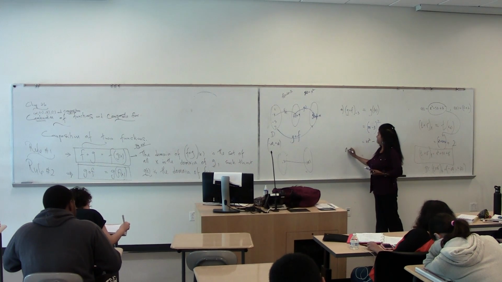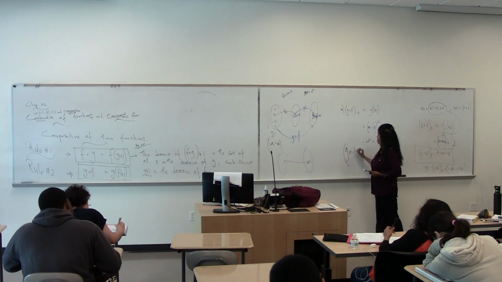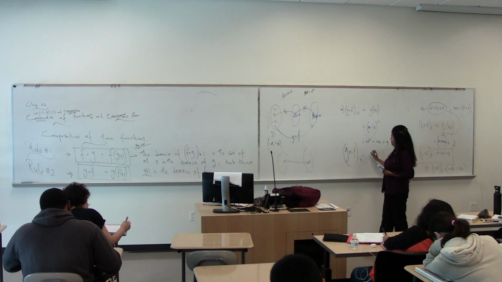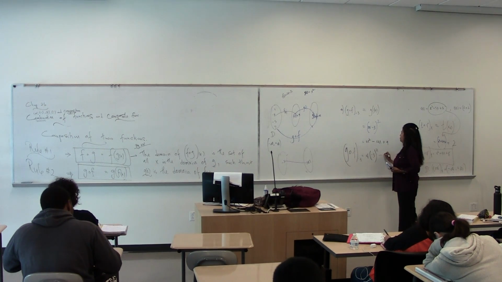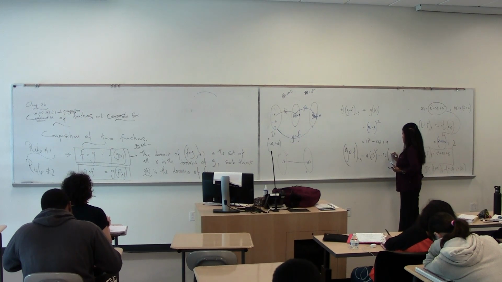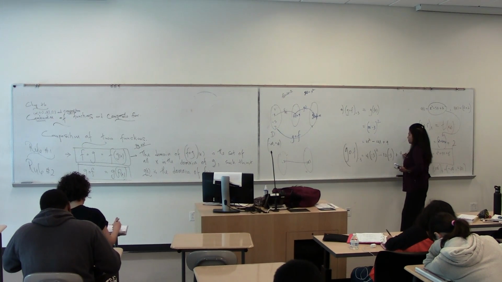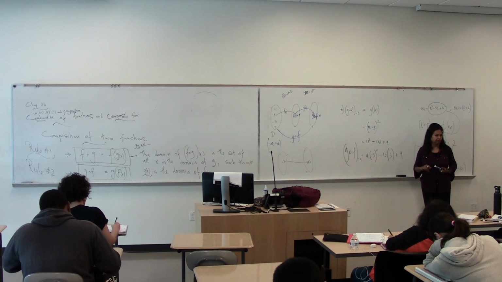We still need to get G composition F of -3. Now what do you need to do? Put -3 in for x. Guys, please show all the work and follow all the rules, just like in the example.